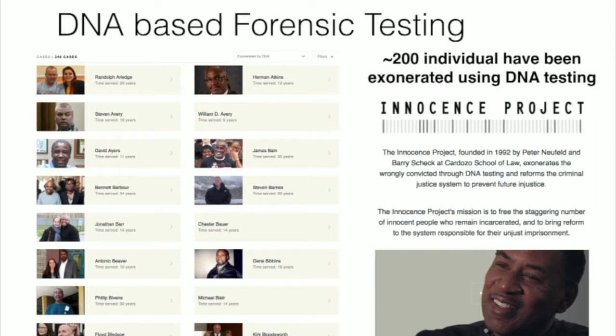All right, now there are some weaknesses with this type of forensic testing. So even though this is used really as the gold standard, it actually has a significant number of problems. It does not do well when there are tiny samples, when there are tiny amounts. So one of the newer technologies is using what's called touch or trace DNA.